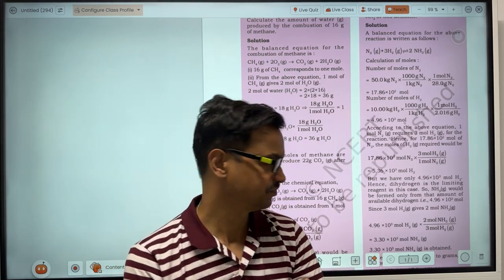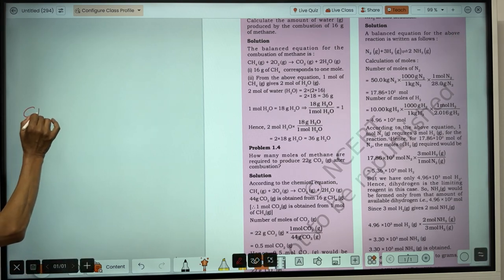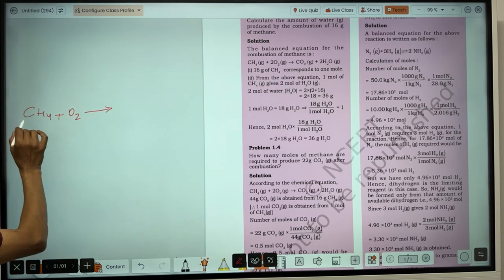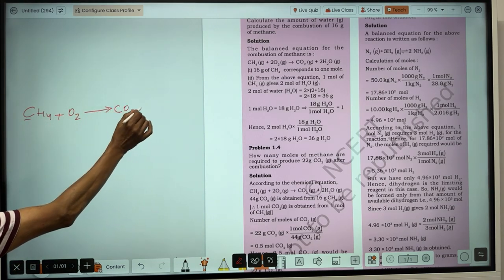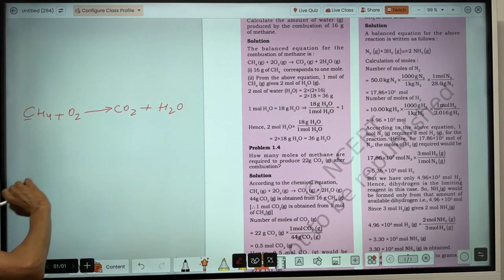So let's see here. Firstly, you will have to write the equation for that. Methane, combustion means reacting with oxygen. So that will form oxides of carbon, that is CO2, and of hydrogen, that is H2O. Balance the equation.